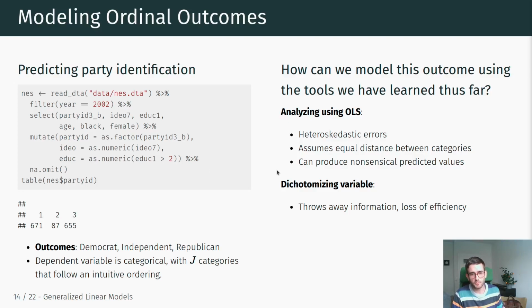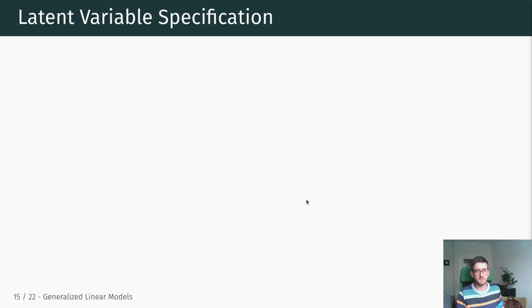Okay, so how can we then come up with a better model in the context of generalized linear models that represents this underlying data generating process and allows us to predict different categories that are discrete but have an inherent ordering to them? In order to derive the model, one way to think about this is to go back to the latent variable specification that we talked about when we derived the logistic regression.